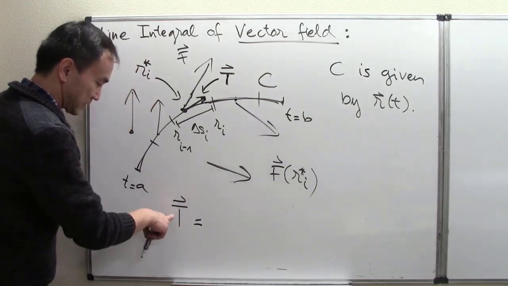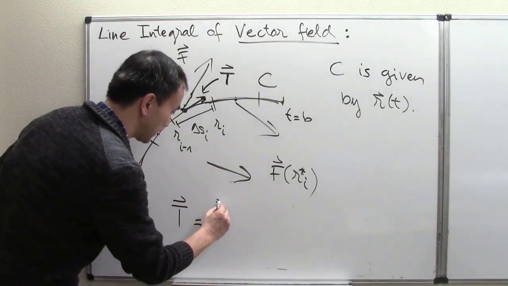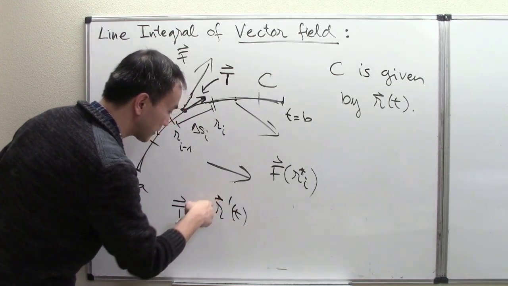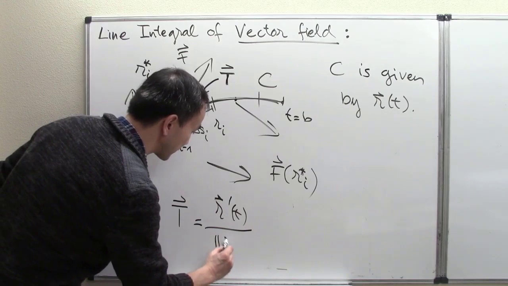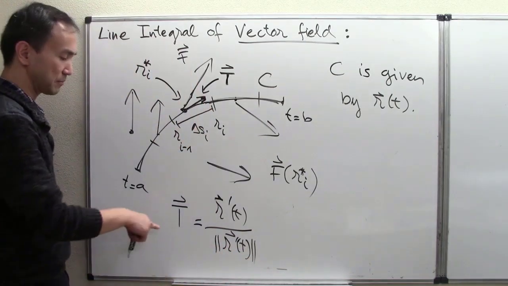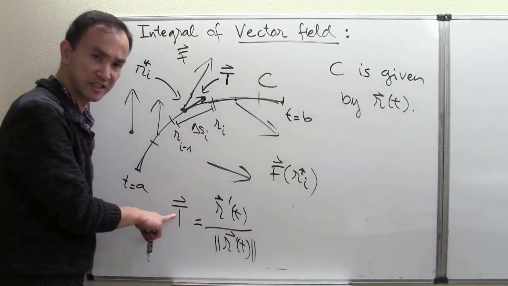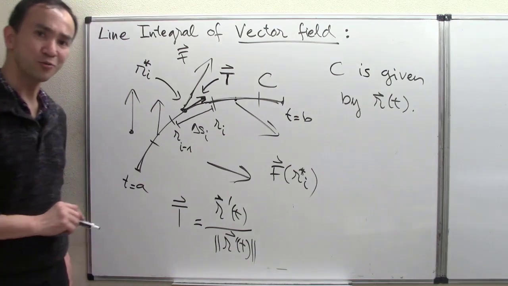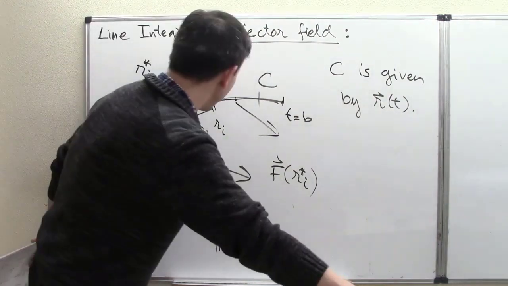Briefly, the unit tangent vector is r prime of t divided by the magnitude of r prime of t. That's a reminder. But the main thing about the unit tangent vector is that it's a tangent vector and it's length 1. And so now why do I mention that?